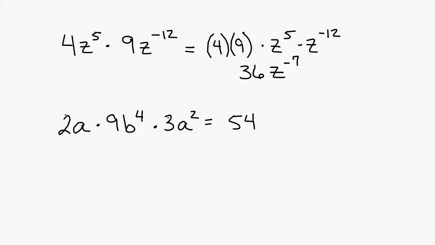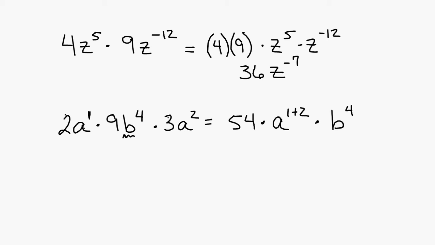You've got an a. This a is raised to the first power, but the 1 isn't written. So when you take a to the first times a squared, that is going to be a to the 1 plus 2 power, times b. Now, there's only one b in this expression, so it's to the 4th, so it stays to the 4th.